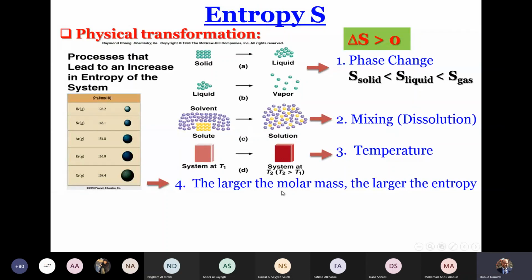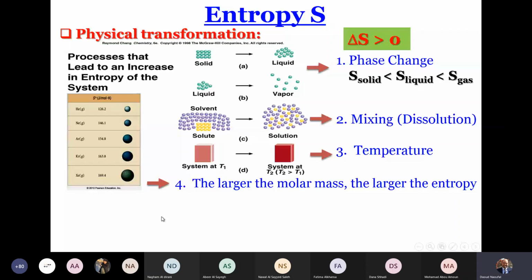In other words, if you compare two substances in the same state, gas and gas, the element with the higher molar mass is more disordered, or less ordered. That means S is greater. If you compare two solids, the solid with higher molar mass has higher entropy.